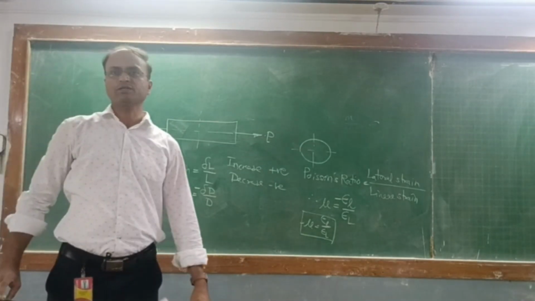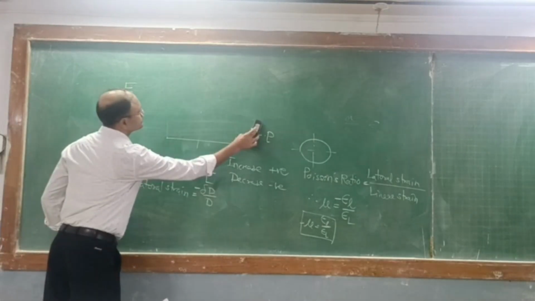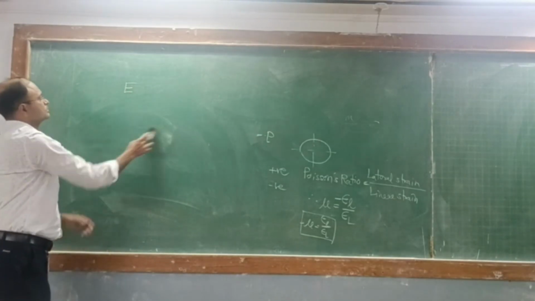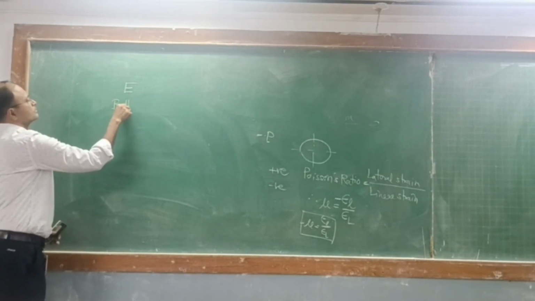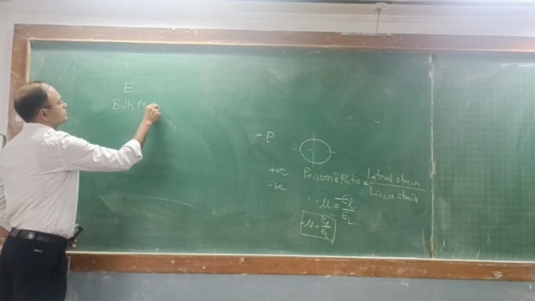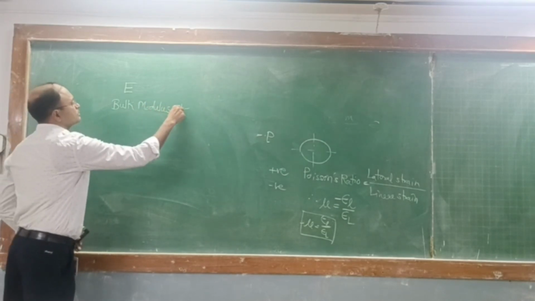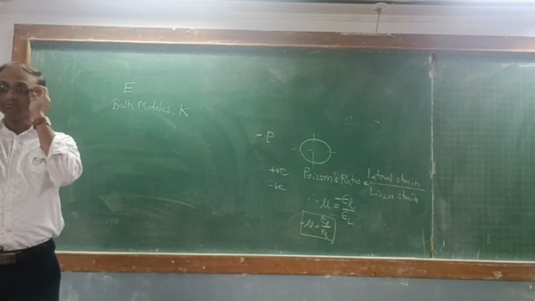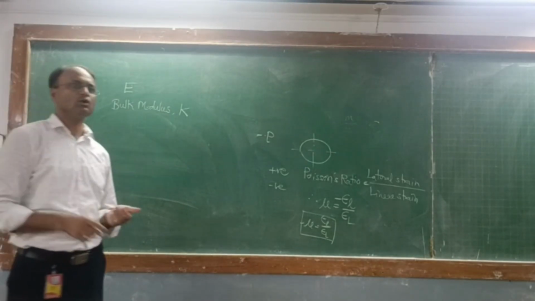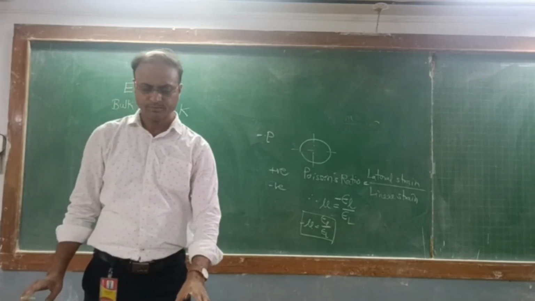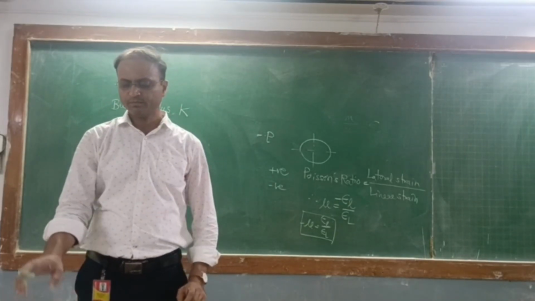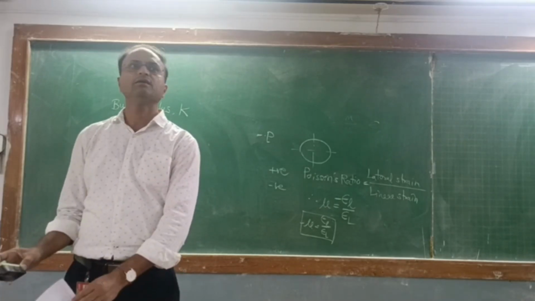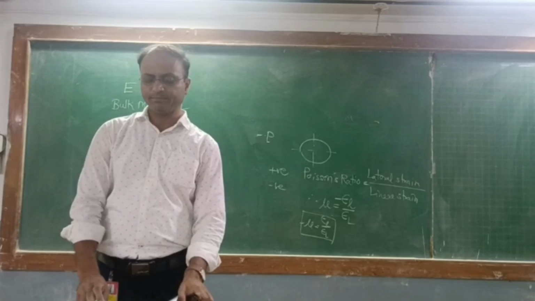Okay, now second one. Second elastic constant, bulk modulus. Bulk modulus, it is denoted by K. It is the ratio of stress to the volumetric strain.